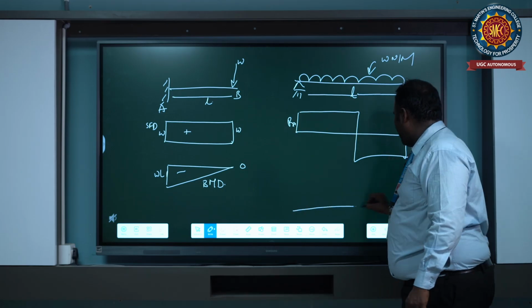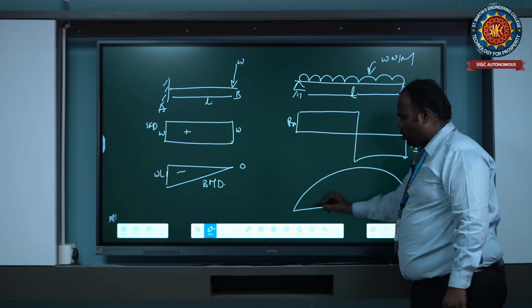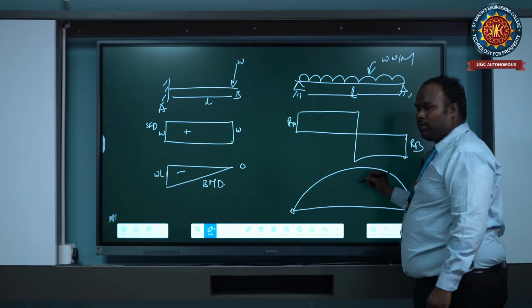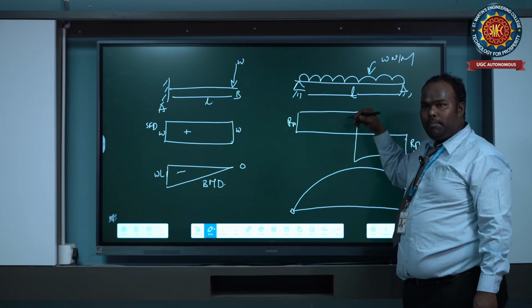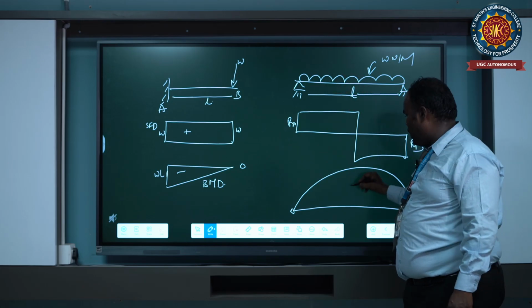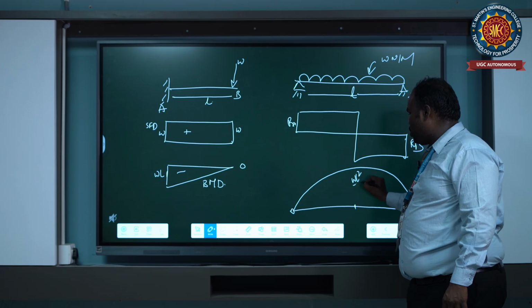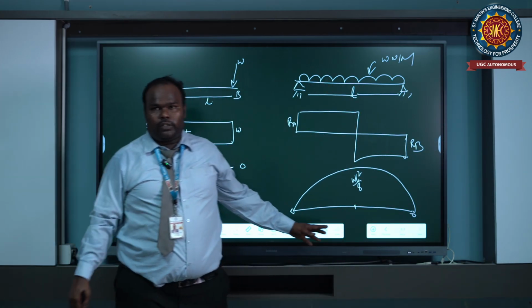The bending moment is a parabola, so at A and B it is 0. The maximum moment occurs at the center. Then the bending moment at the center is WL square by 8. Okay. Thank you for watching.